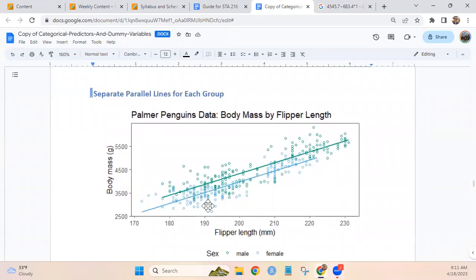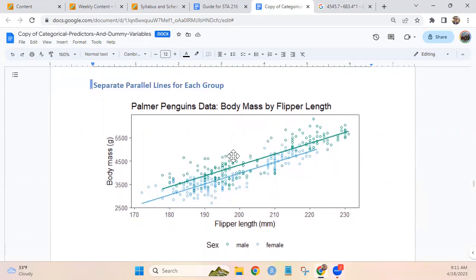Does that look like that's fitting the data well here, having the same slope for each group? It's actually not too bad. It could be a little better, but here it looks okay. If we imagined all the blue points were missing and that's our line of best fit, how does that do? Well, it looks pretty good.